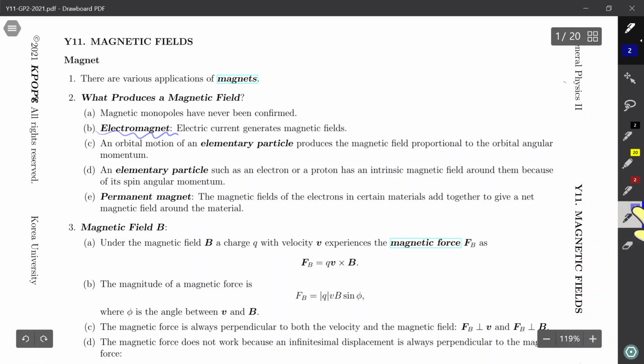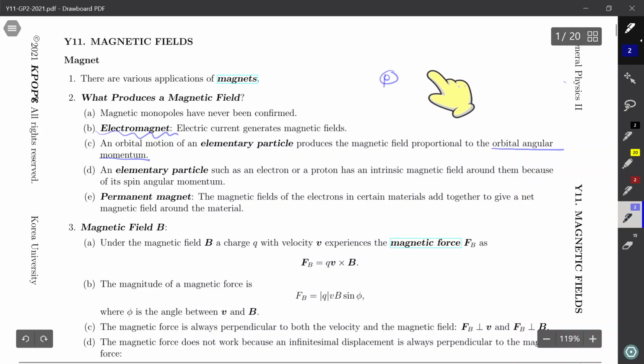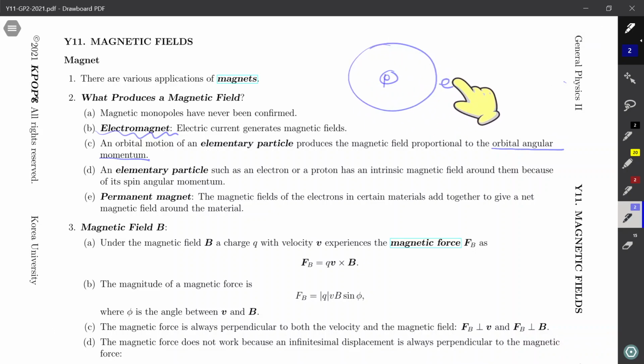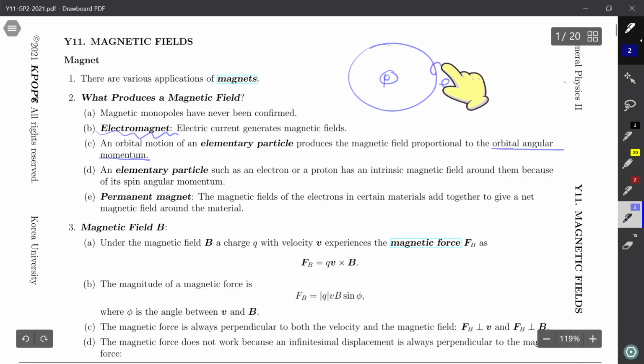An orbital motion of an elementary particle produces a magnetic field proportional to the orbital angular momentum. For example, a proton, electron. This is a hydrogen atom, and the electron, which has negative charge, is rotating, not exactly following this circular path, but the electron makes a current.